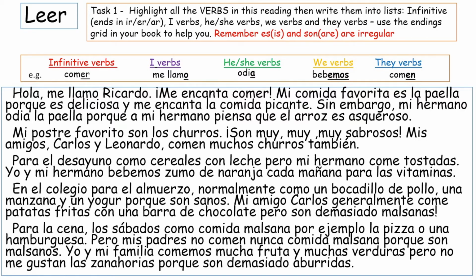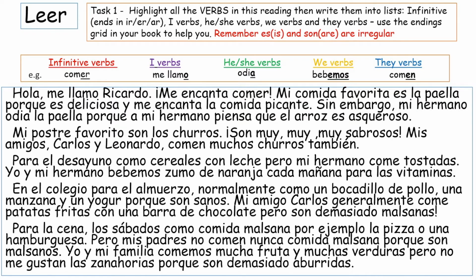You can circle them and add them to your he/she column, because he, she, and it all take the same endings. He is, it is. So you can add them to the he/she verbs column, but it's not the same skill, because you're not recognizing the ending, since they don't have the same endings.